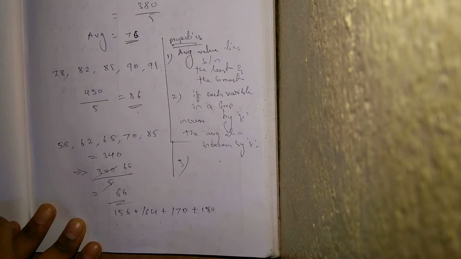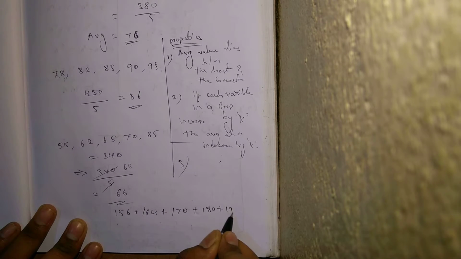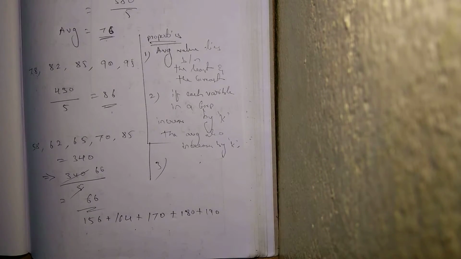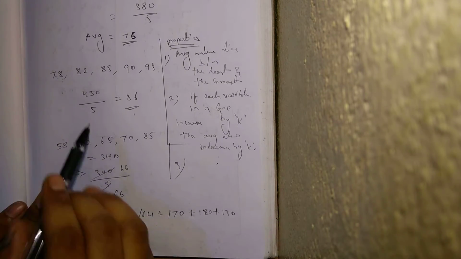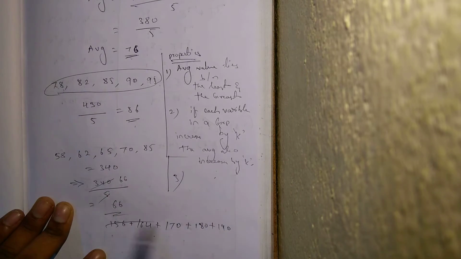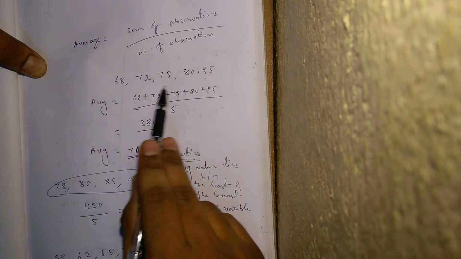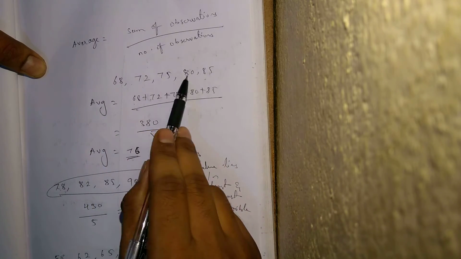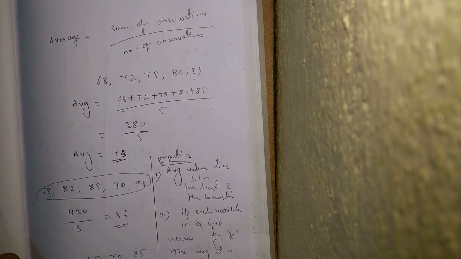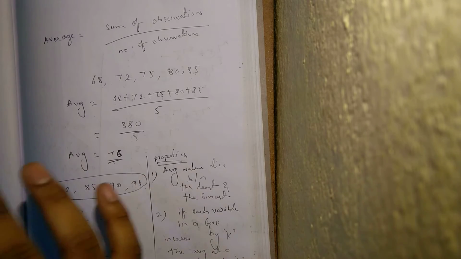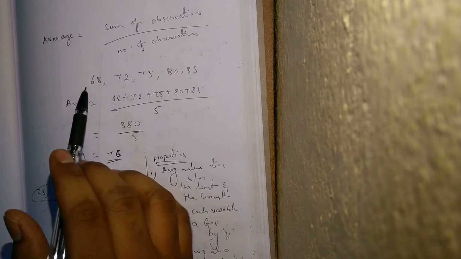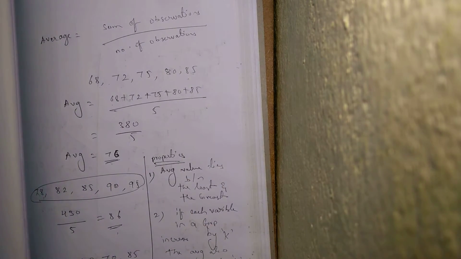So 95 into 2 is 190, right? Oh, sorry, I've considered the wrong case, so I'm just rolling it out. So these are my original marks, right? 68, 72, 75, 80 and 85. And now overall marks have increased and I need to double all these marks. Okay, so I'm doubling all those.